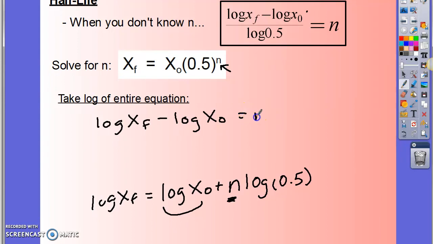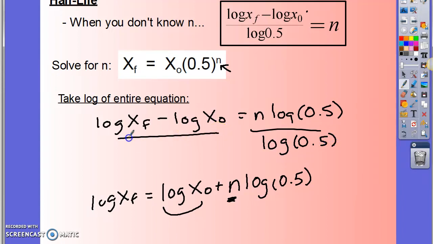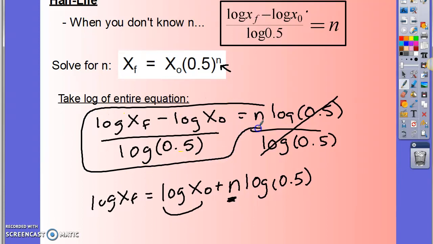And that'll be equal to n times log 0.5. Now you might guess my last step here. If n is multiplied by log of 0.5 and we want those two things to be away from each other, the opposite of multiplying is dividing. You got it. So let's divide by log 0.5 on both sides, which cancels it out on the right side. And that gives us our equation that we were looking for. So you're going to use this, and I'll give you examples in a minute.